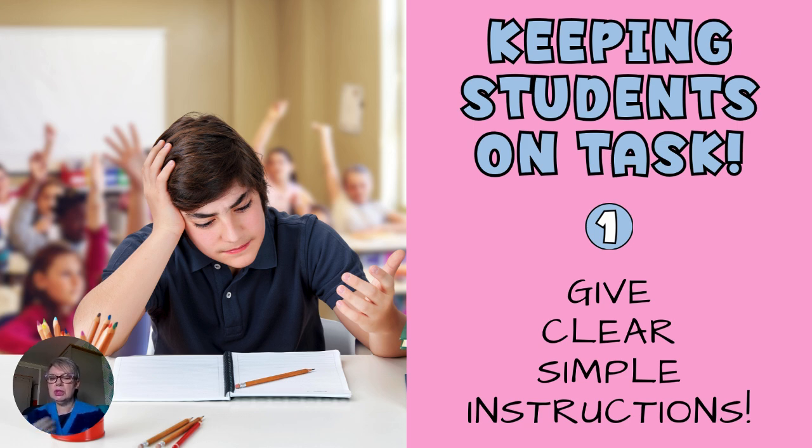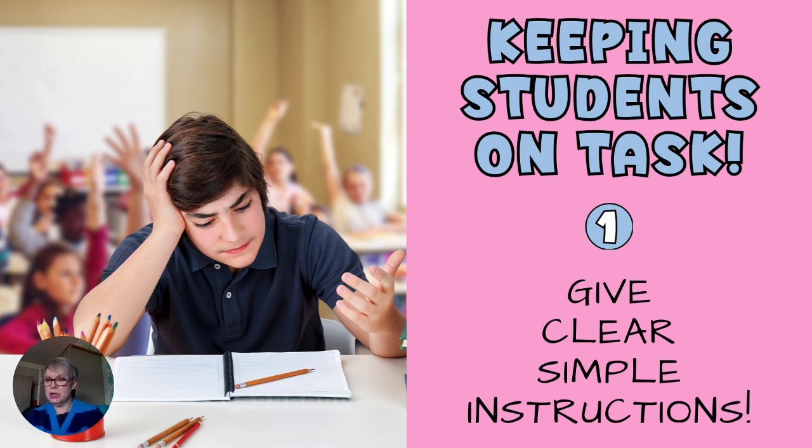So, how do you implement giving clear and simple instructions? Well, firstly, break it down. Instead of saying "complete page 14 and then check your answers before moving on to page 15," say "start with question 1 on page 14. Let me know when you've done 3."